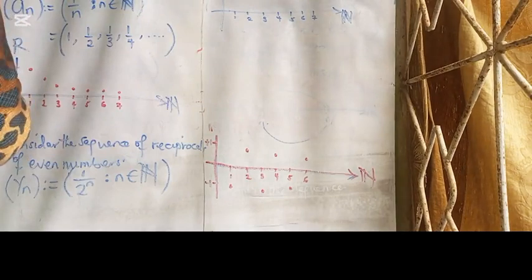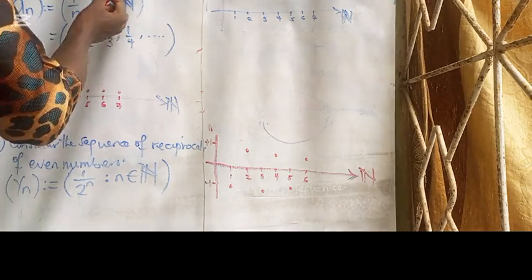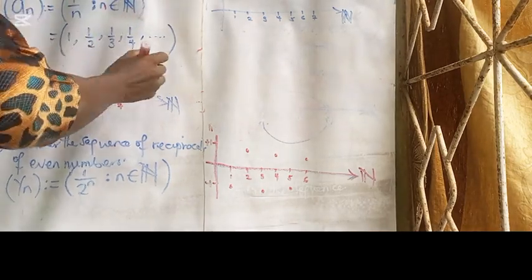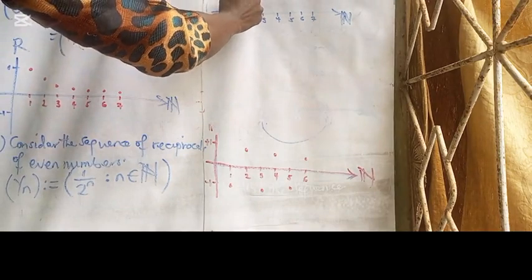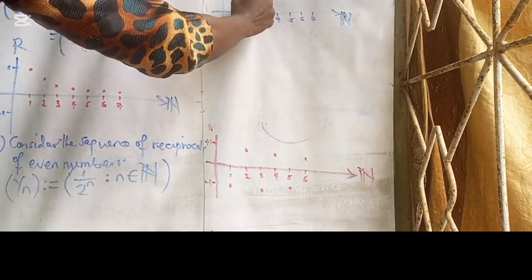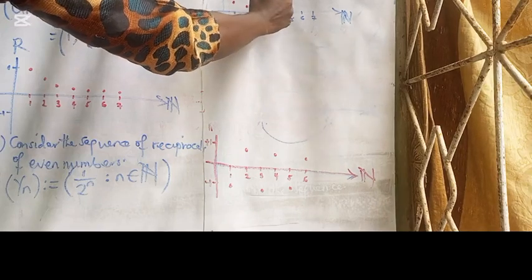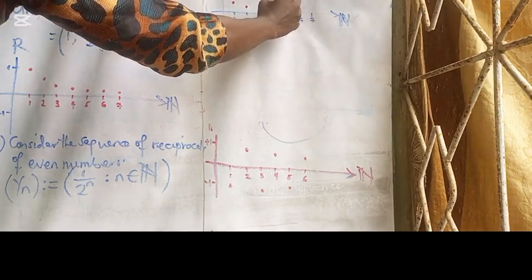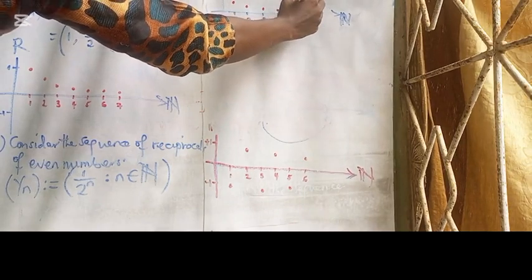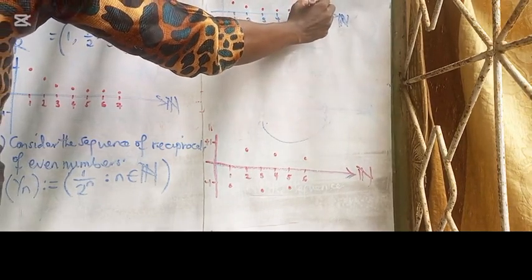As our n is getting bigger and bigger, we can see that the terms of the sequence are moving closer and closer to 0.